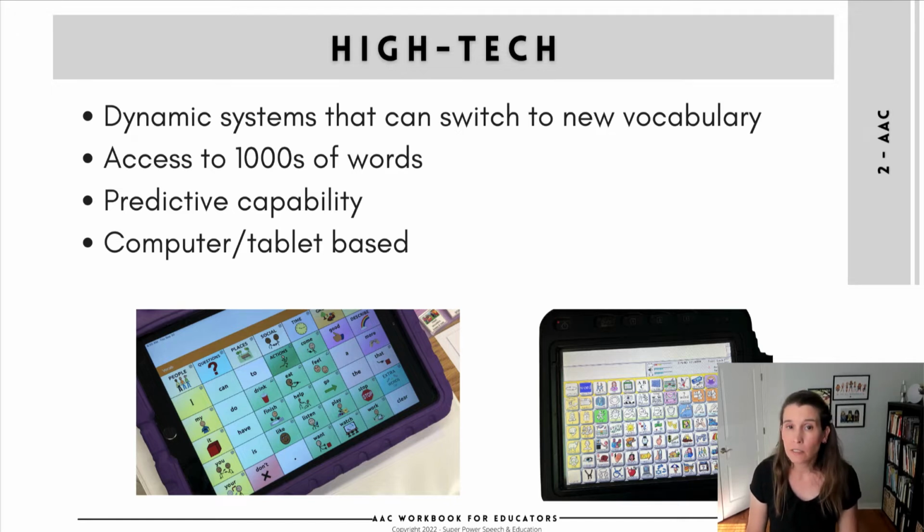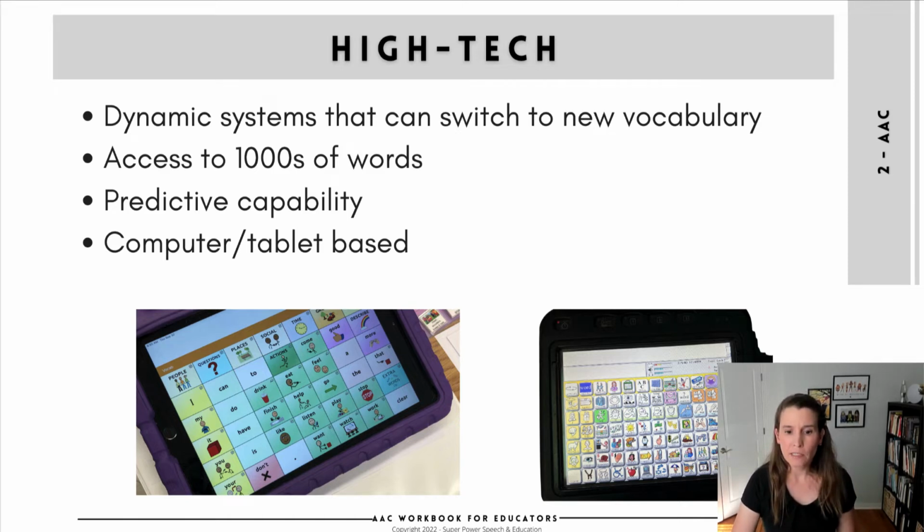Some HighTech systems have predictive capability, which means that after you press the button eat, it goes automatically to the food choices. It can predict that you are going to use a food word next, which makes communication a little bit faster for those students who have trouble with just trying to think about and process what they're going to say next.